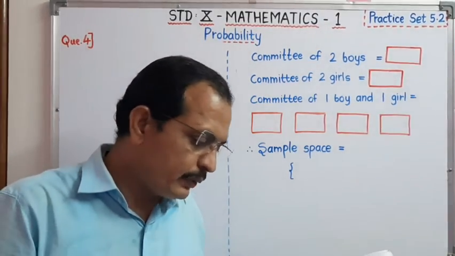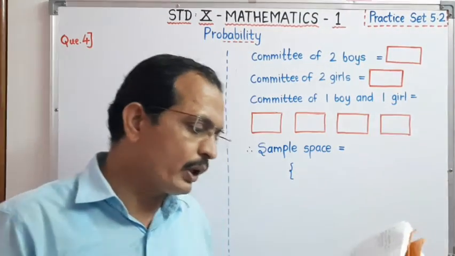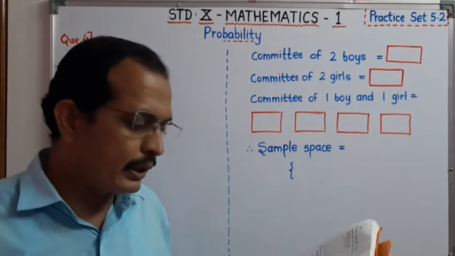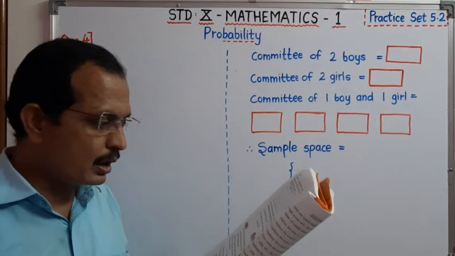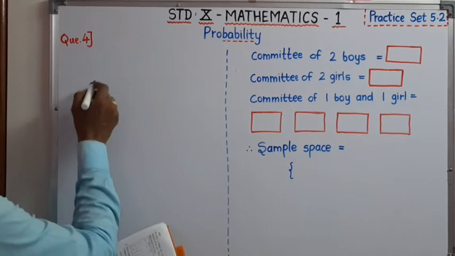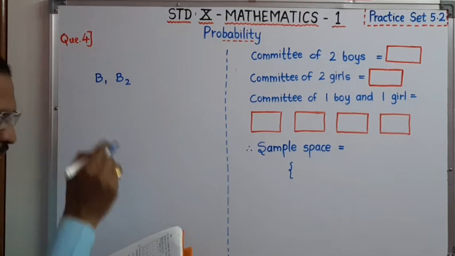Complete the following activity to write the sample space. Dear student, see, there are 2 boys, that is B1 and B2.